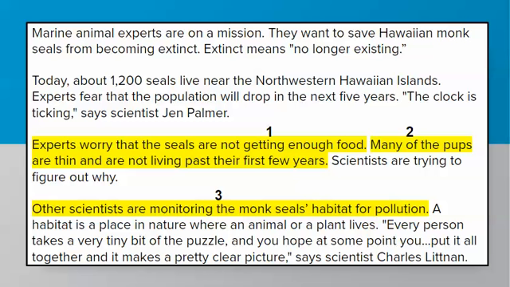So you might have found some other supporting details for your main idea, but these are just the 3 that jumped out at me. If you're reading any other passage, consider doing something like this. You can find the main idea and then highlight or underline the details that support that main idea.